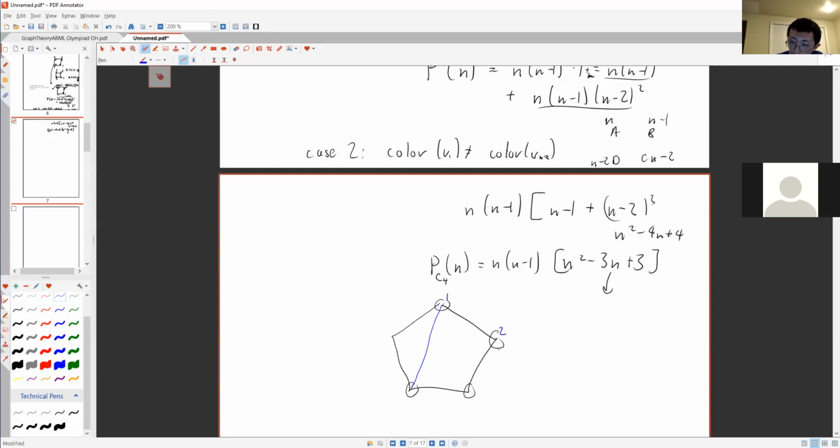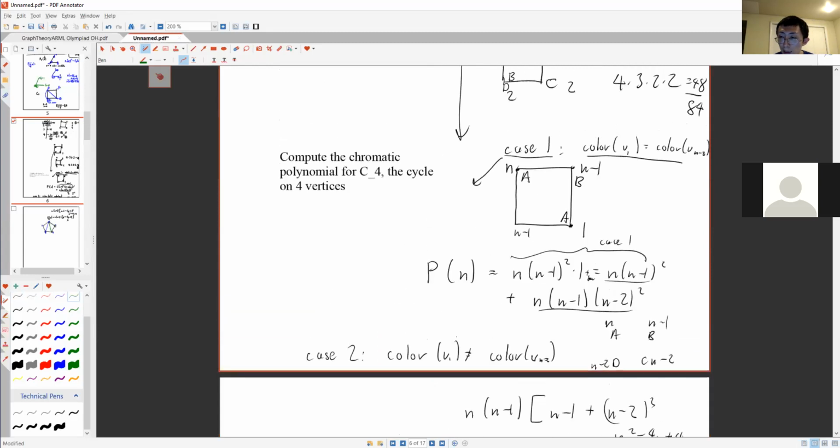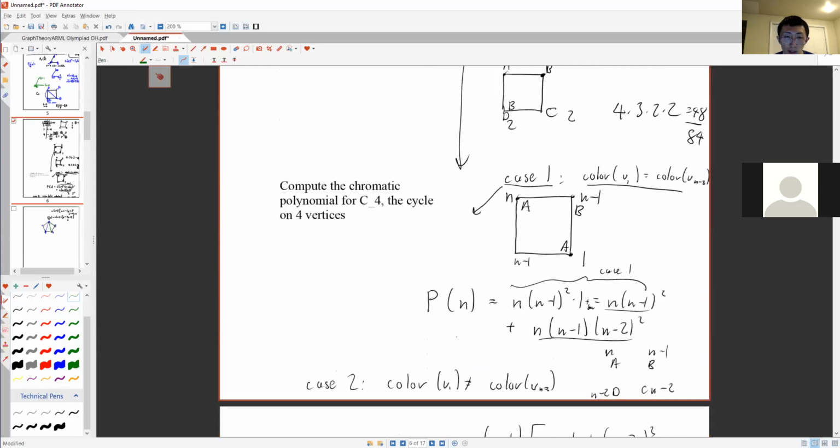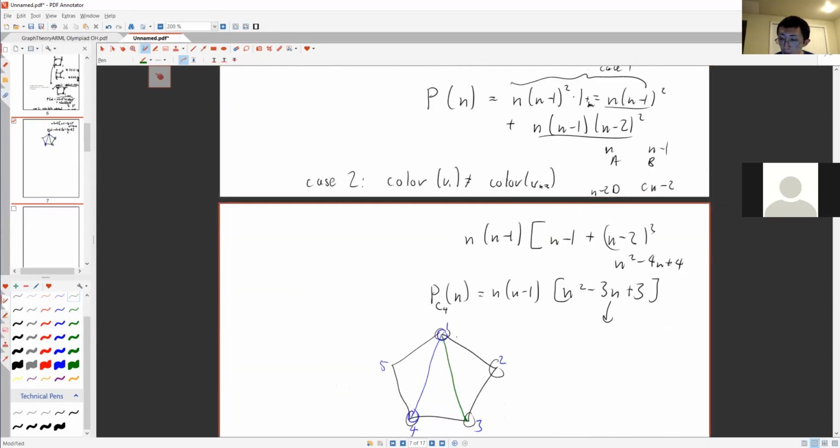If this is the first color, second vertex, third vertex, fourth vertex, and fifth vertex. And then to figure out if these two can be the same color, I need to do casework on whether 1 and 3 are the same color as well. So it's not super easy, even for this small example, it's not extremely trivial to find the chromatic polynomial.